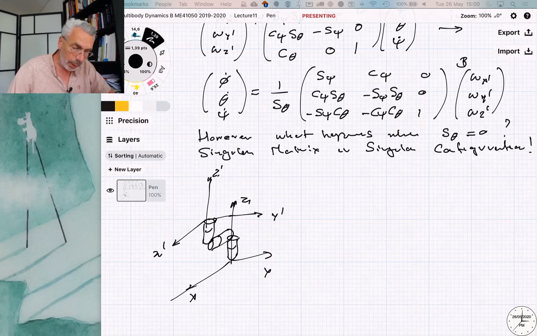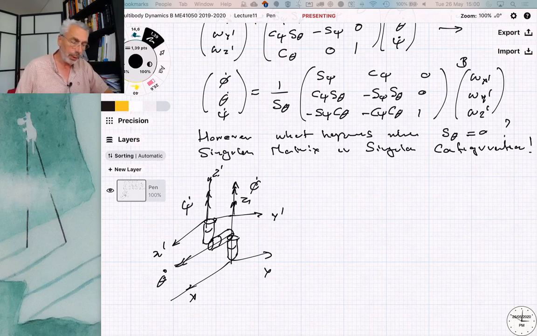Now here we have this theta dot, here we have this phi dot, here we have the theta dot, and here we have the psi dot. So this is the configuration with those 3 angular velocities.